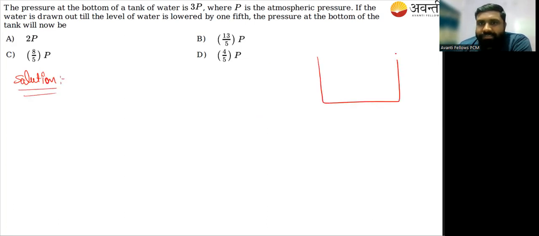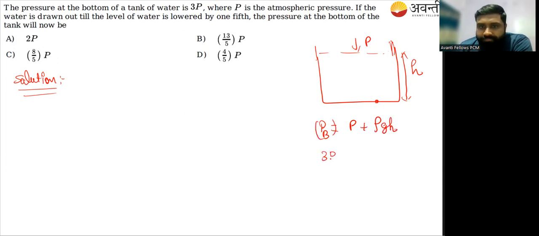So we will consider that initially the tank is filled up to a height of h. So at the bottom of the tank, the pressure will be P atmospheric, which is also p. So P at bottom will be P atmospheric plus rho g h, and this total is given to us as 3p, equal to p plus rho g h. So rho g h will be equal to 2p.